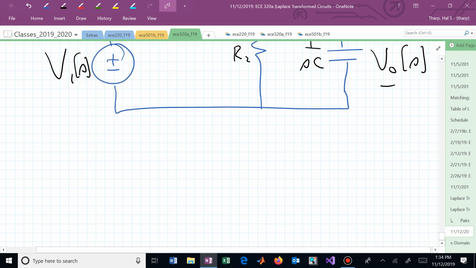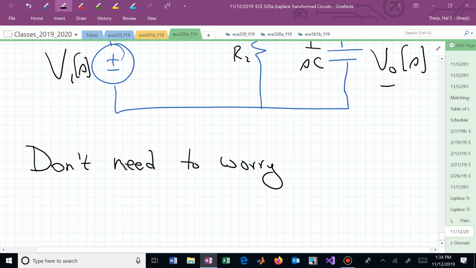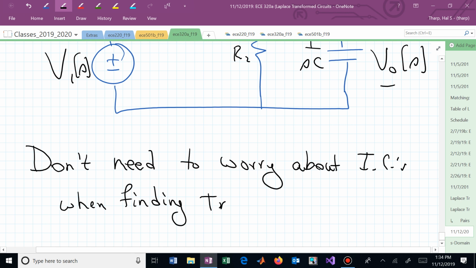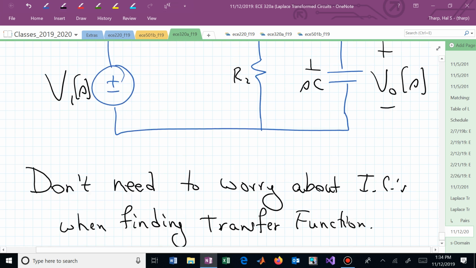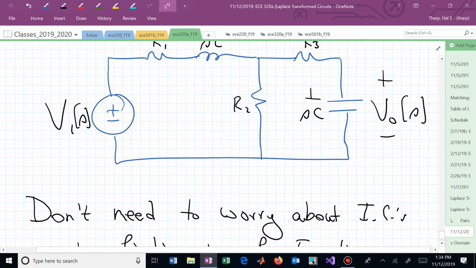So I don't need to worry about the initial conditions when finding the transfer function. I'm really just interested in the dynamic relationship between the input, which in this case is V sub 1, and the output, which in this case is the output voltage across that capacitor, V sub 0.